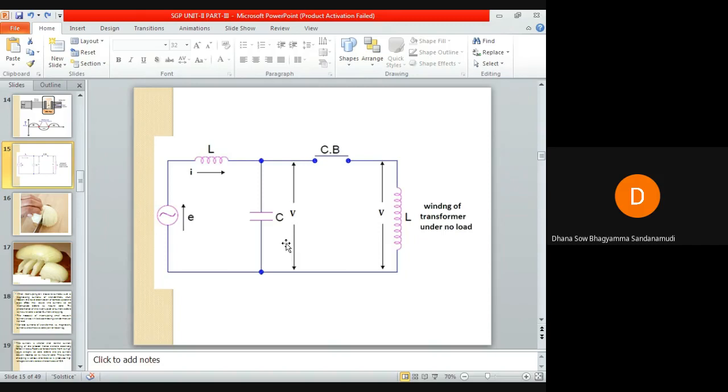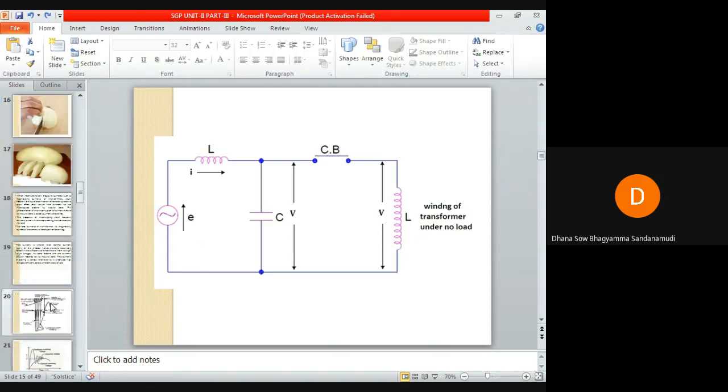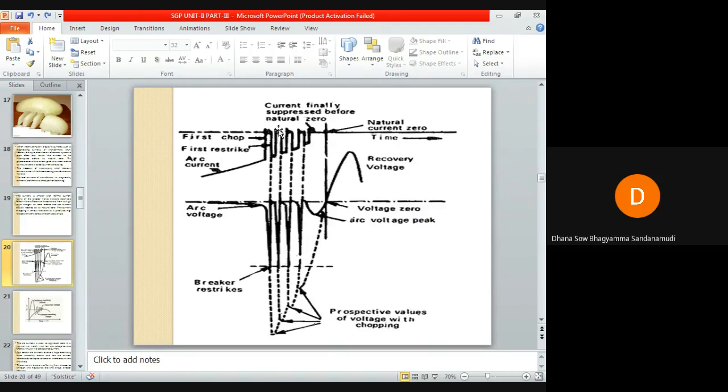This prospective voltage will appear across the circuit breaker contacts. The voltage appearing across the circuit breaker contacts as soon as the arc current becomes zero is the prospective voltage. So you can see here, this is the prospective value of voltage with the chopping.